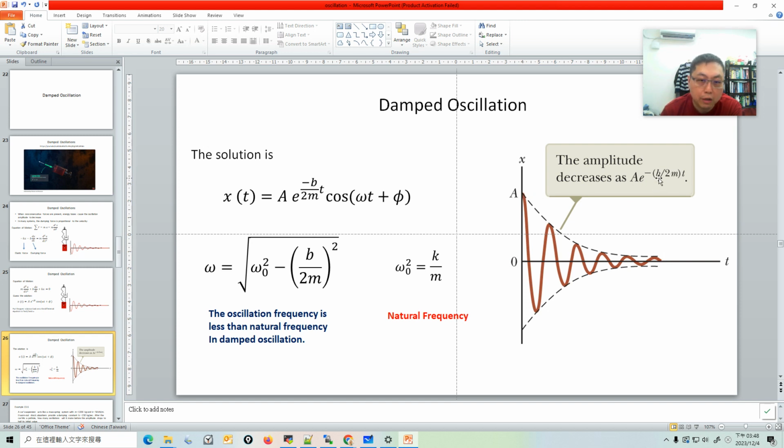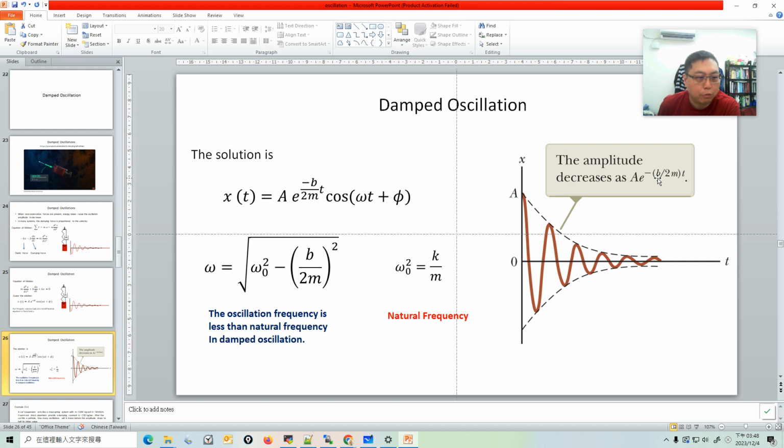The parameter b will determine how fast you can dampen the oscillation. If you have a large damping parameter, you will dampen the oscillation very quickly. But on the contrary, if you have a very small damping parameter, the oscillation will keep moving on, and you need a very long time to damp the oscillation.